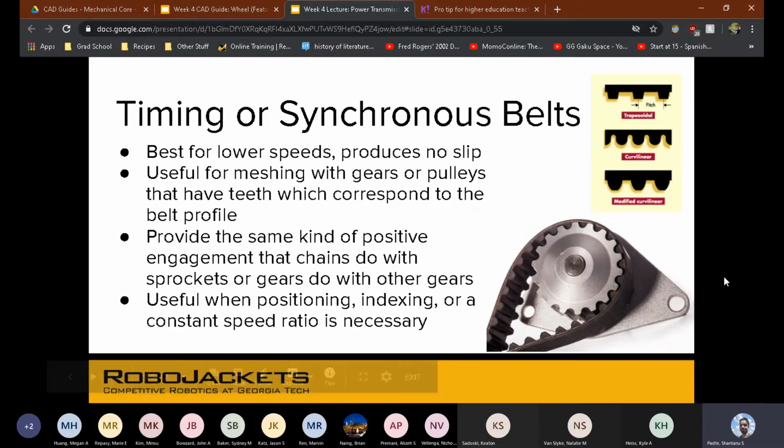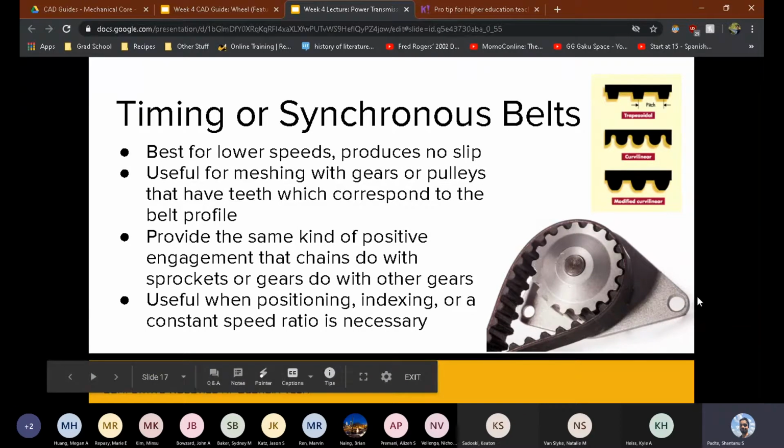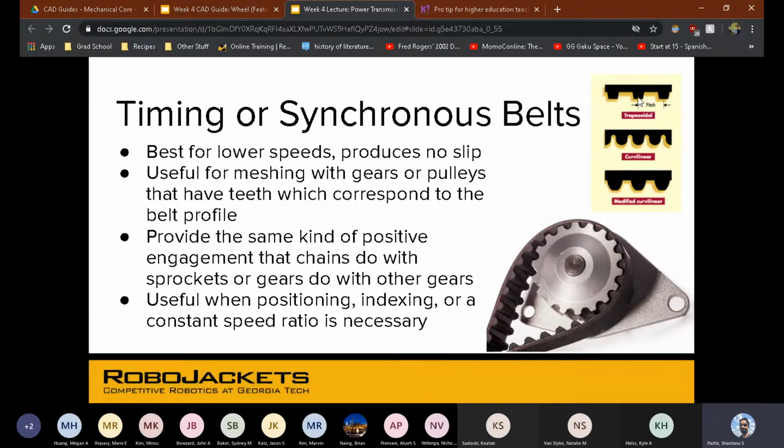Okay, a timing or synchronous belt. This is best used for lower speeds when you want absolutely no slip at all, but you can do with lower speed. It's useful for meshing with gears or pulleys, which have teeth that correspond to the kind of belt profile. And there are 3 kinds of teeth on the belt.